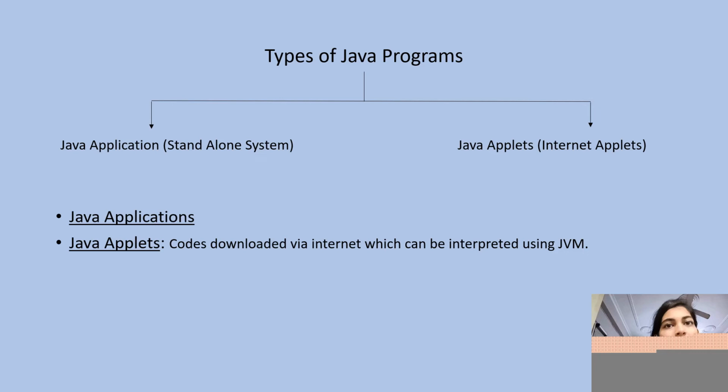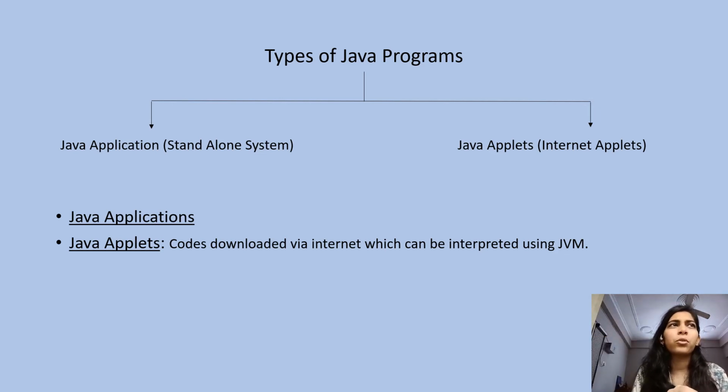Now, applications are just like a Java program that can be executed independently without using a web browser, whereas applets are small Java programs that are designed to be included with the HTML web document.